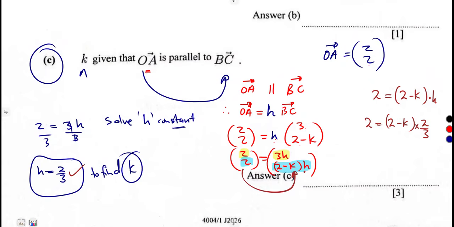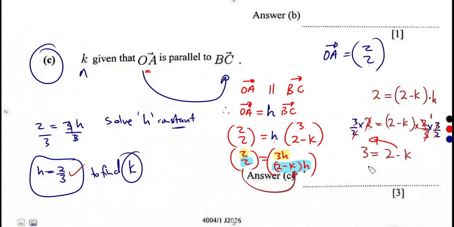So solve for K. How can we get rid of this 2 over 3? Multiply by the reciprocal, which is simply interchanging: 3 over 2, 3 over 2. We are now solving. So this cancels, you remain with 3 here. So 3 is equal to 1 times 2 minus K. We need to solve for K, so take it this side.